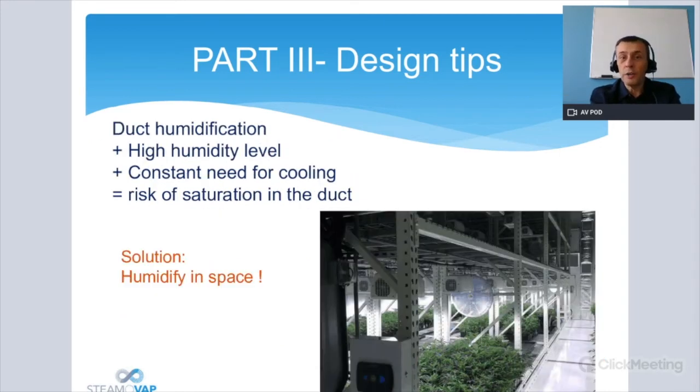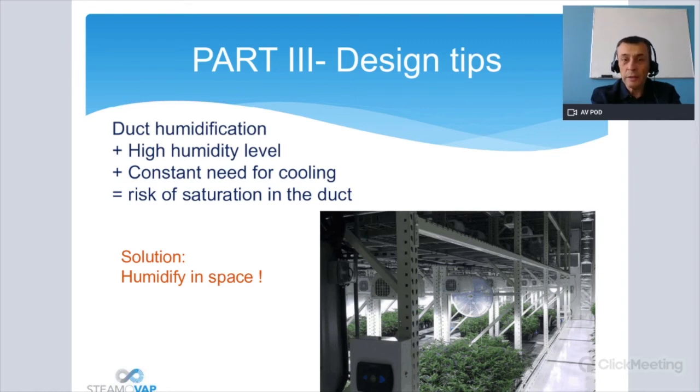Most of the engineers are used to doing humidification in duct, because it's probably 95% of the humidification done in North America, and it is simple. They will have ducts in the grow room, because they probably have a constant need for cooling.